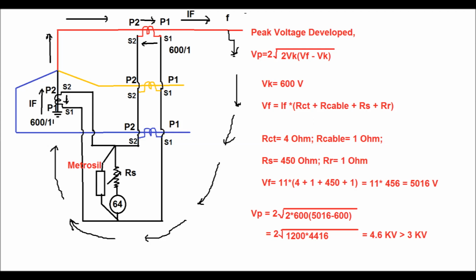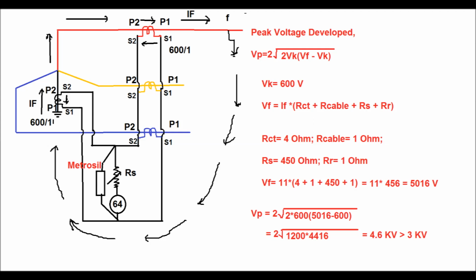5.016 kV. Therefore, Vp is equal to 2 into root over of 2 into 600 into 5016 minus 600, which is equal to 2 root over of 1200 into 4416, which is equal to 4.6 kV, which is much greater than 3 kV.